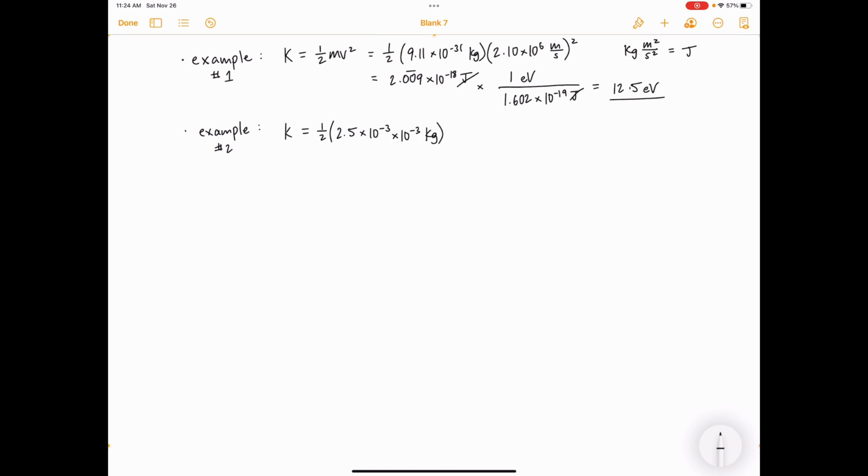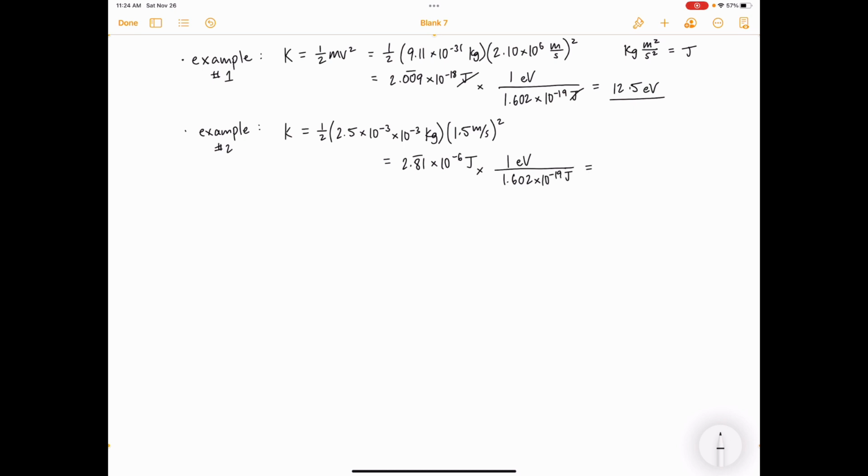So there we have it. That's the mass now in kilograms. And then we multiply by 1.5 meters per second. That's the speed, and we square that. All right, so if you calculate this, it comes out to 2.81 × 10^-6 joules. And if we go ahead and convert that to electron volts using the same conversion factor as before, so I'll just write that down again, what ends up happening?